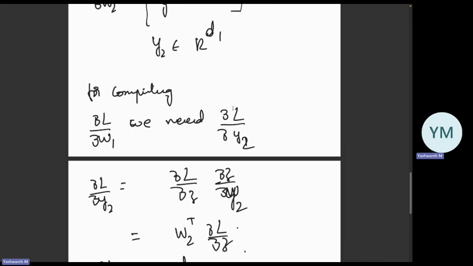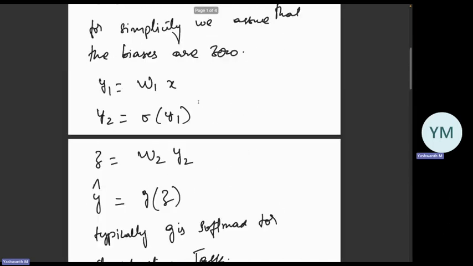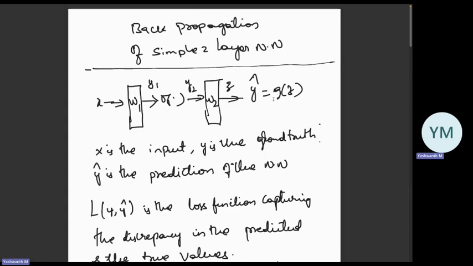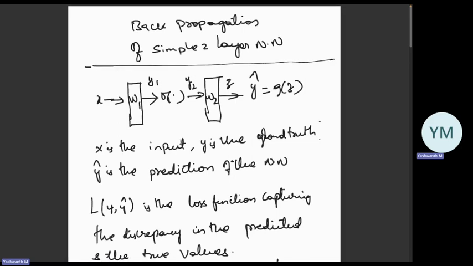And so we need to compute the gradient of loss with respect to W1 as well. If we see the computation, we have backpropagated from loss to y hat to z, and z to W2. But now to compute W1, we need to backpropagate from z to y2, y2 to y1, y1 to W1.